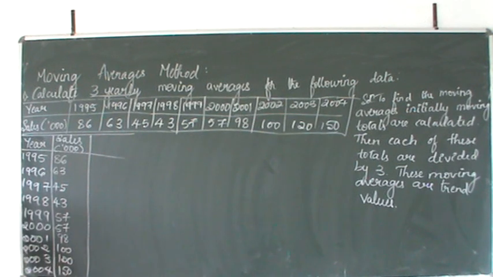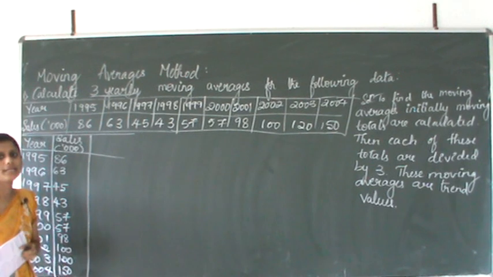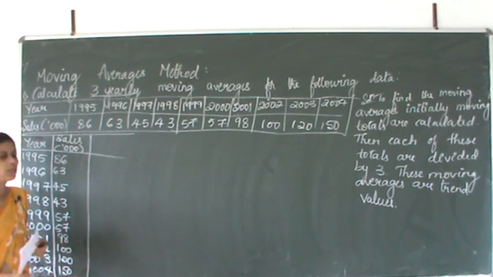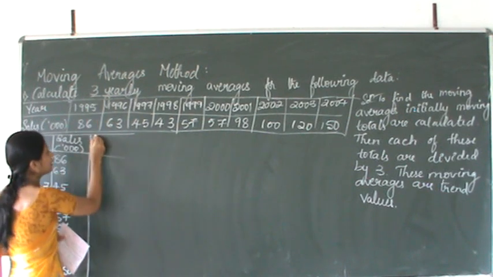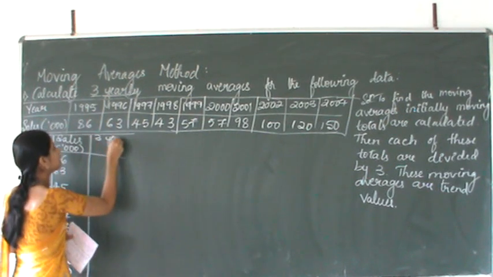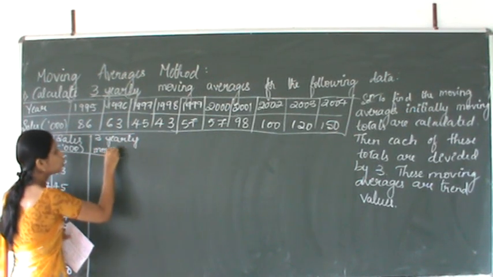These are the sales values. So what have we said? First we have to calculate the moving totals. So the next column, as it is 3 yearly, write 3 yearly moving totals.